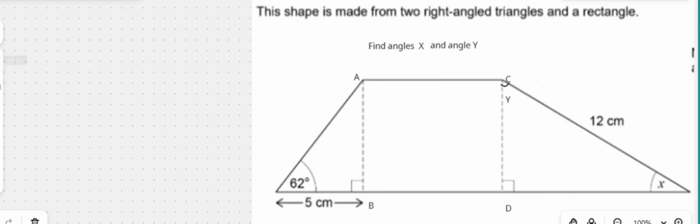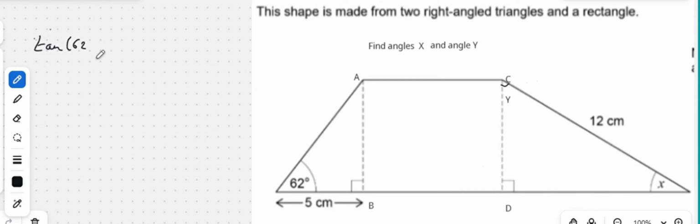So here we start by using the tan rule. So tan of the angle 62 equals the opposite side AB divided by 5 centimeters, which is the adjacent side.